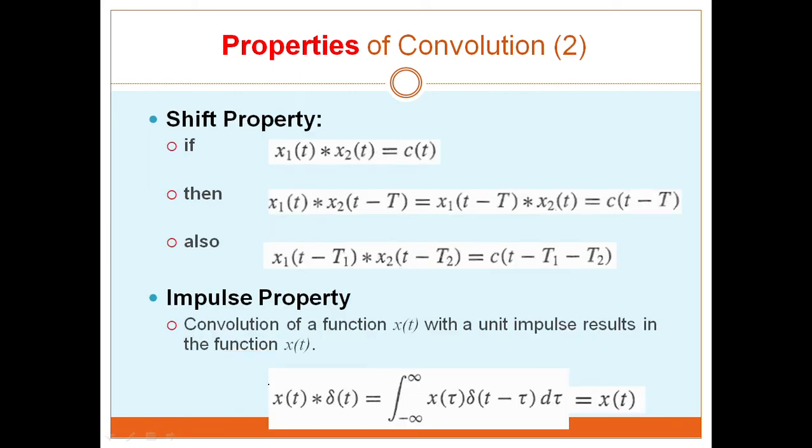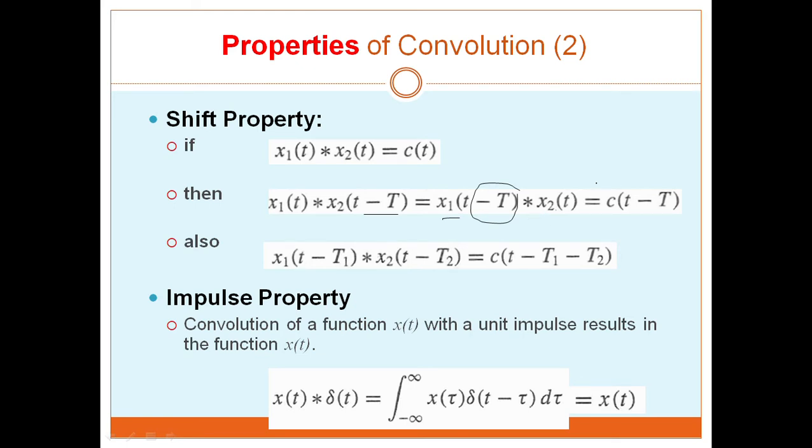Then we have the shift property. If x1(t) convolved with x2(t) is equivalent to c(t), then if x2(t) is shifted by minus big T, it will be equal to shifting x1(t) by minus big T and convolving with x2(t).